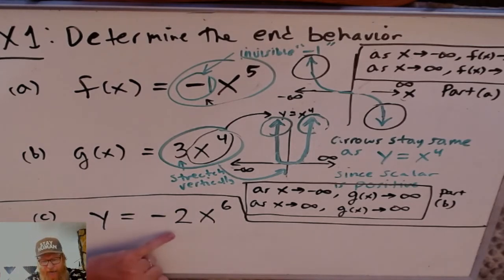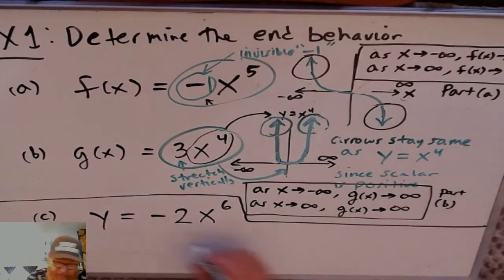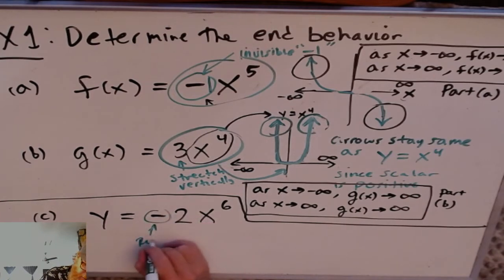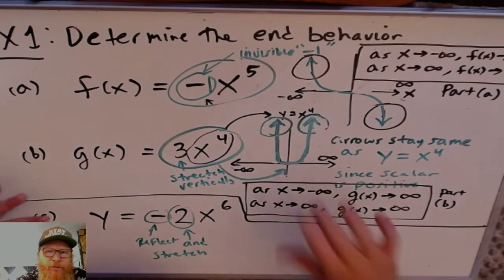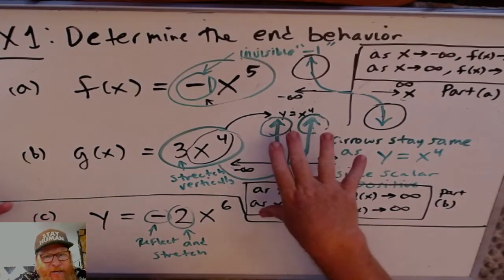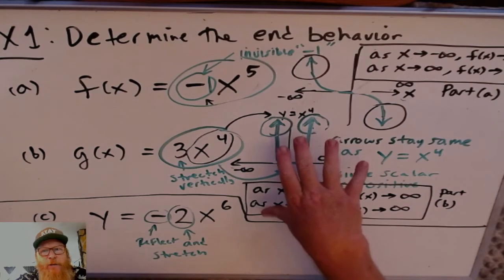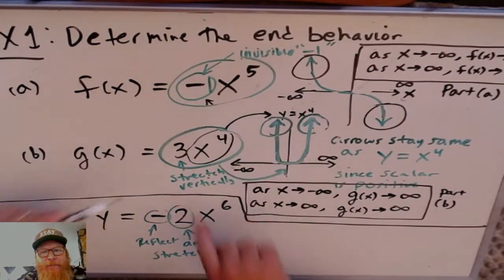All right, this time we have a negative scalar, so that's going to reflect and stretch. Now remember, the stretching, like in the last example, the stretching doesn't do much, right? Stretching, independent of other factors, doesn't change much. It's the reflecting that you got to be careful about.